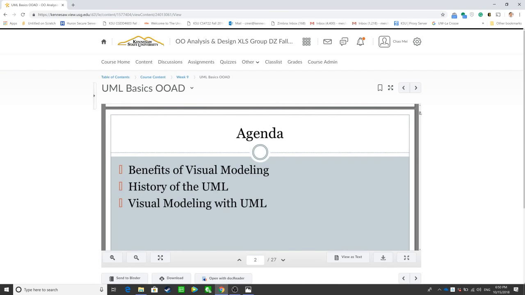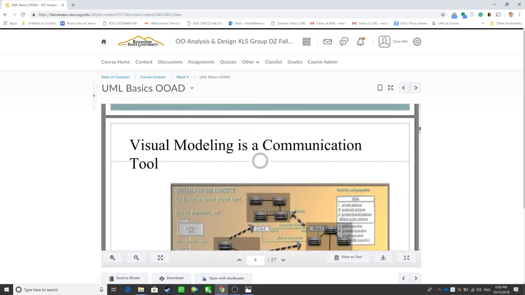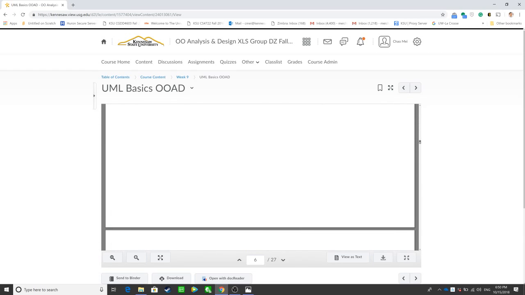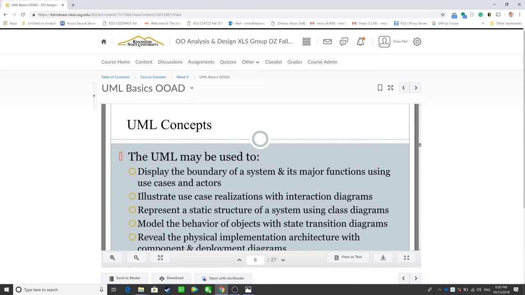Generalization. Yeah, suddenly out of my mind. Inheritance and generalization, they're the same thing. Let me pull it out.